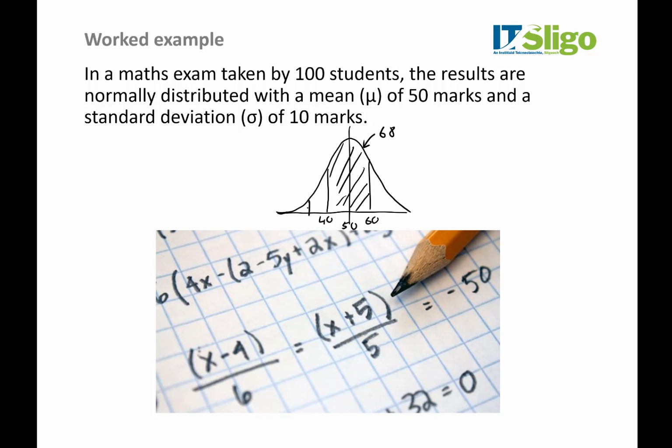If we go to 2 standard deviations, then that entire area would be 95%. So that's the entire shaded area, just to be clear, or 95 students in this case. And if we went to 3 standard deviations above and below the mean, that would encompass 99.7% of our students.